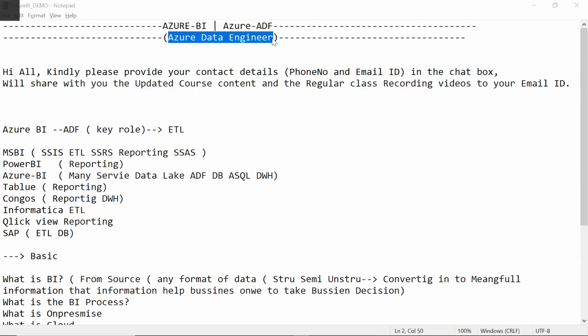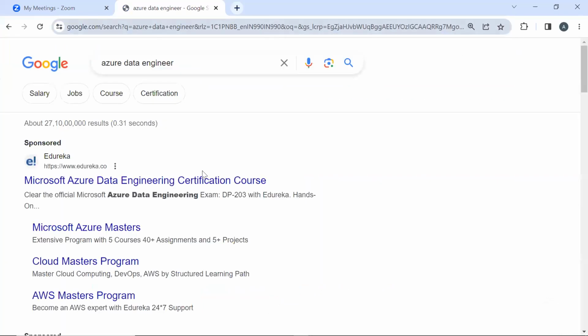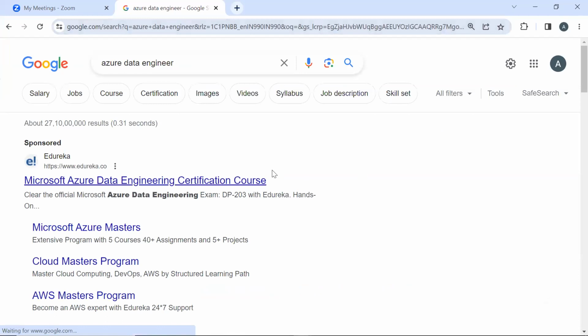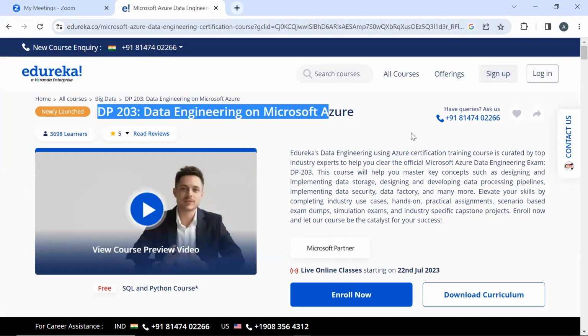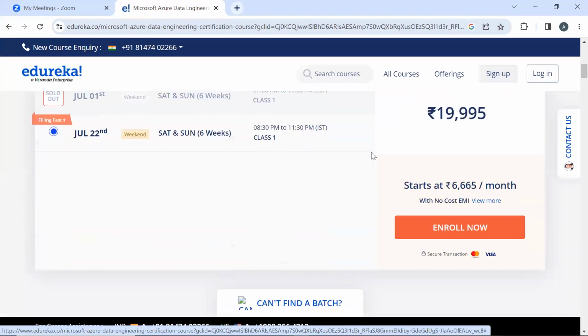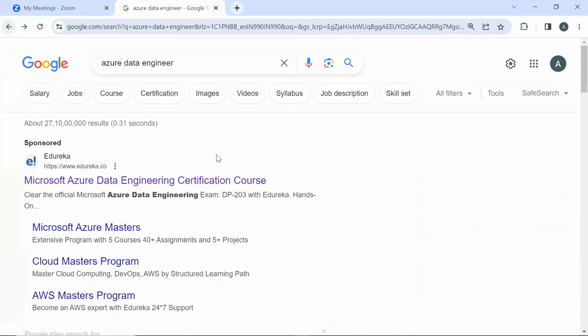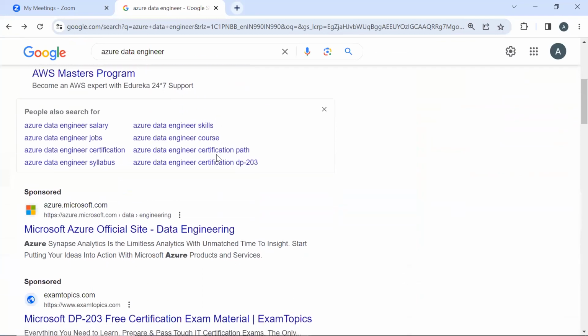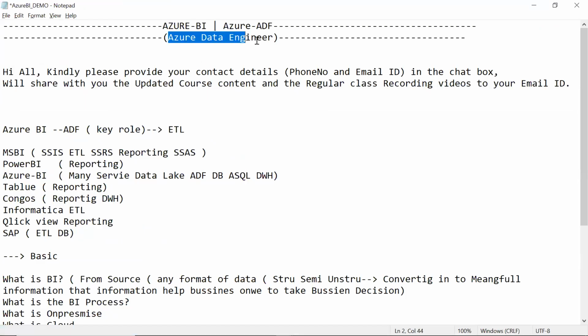We have the certification Azure Data Engineer, DP-203. With this, you can go for the certification. And there is an associate level too. If you don't want to go for data engineer, you can go with associate. Two things we have, Azure associate and Azure data engineer certifications. We are covering almost all topics for the certification.